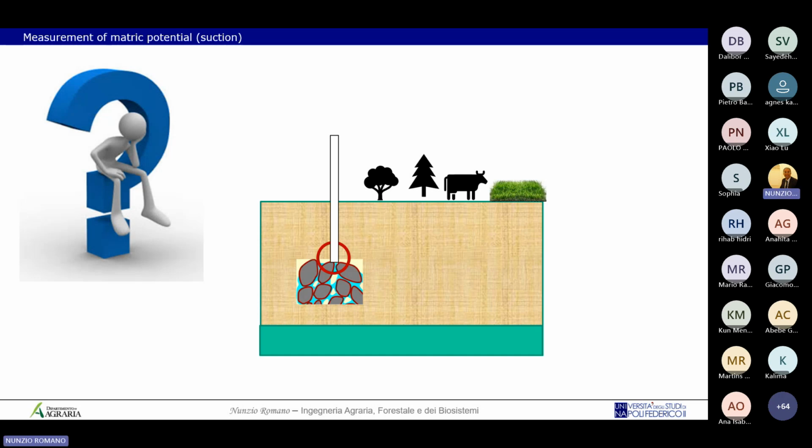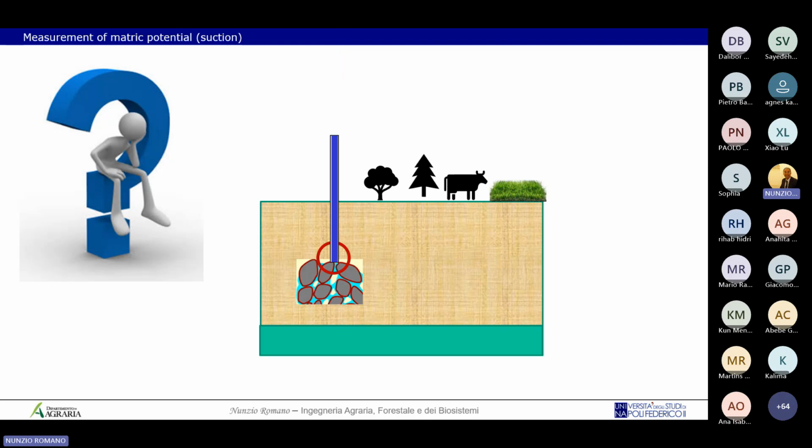Does someone know what happens if we put water into this tube? Can someone help me understand what happens if I put water into this tube, like in this animation? Felipe says water will come out.